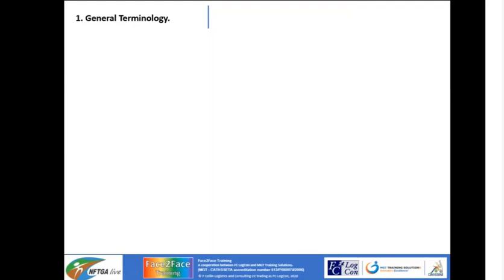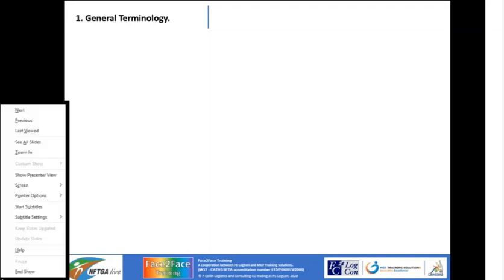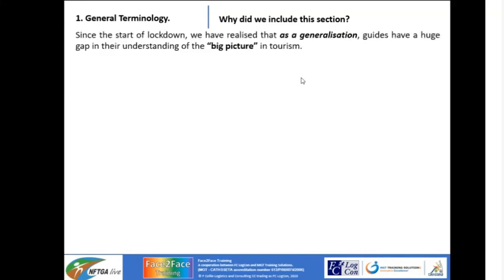And so the first thing that we're looking at is general terminology. Why did we include the section? The reason we included the section is because when we started lockdown, we realized, and don't feel offended, it's just a generalization, it doesn't necessarily apply to you, that there's a big gap in the understanding of the big picture in tourism for guides.